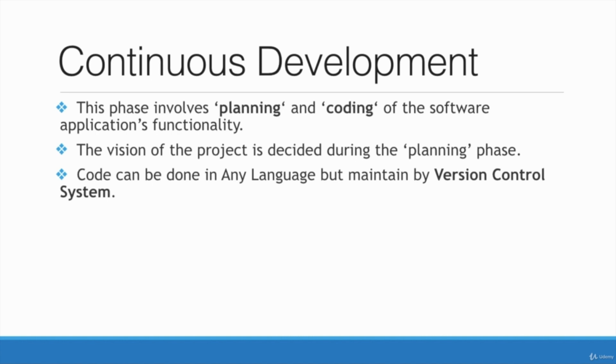A single application can use multiple languages for multiple tasks. But we need to maintain that code with the help of a version control system. So we will version the code which we are releasing in every sprint, right? We will discuss the version control system in the coming slides.